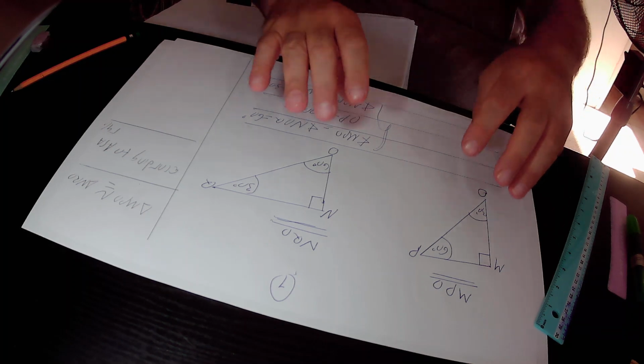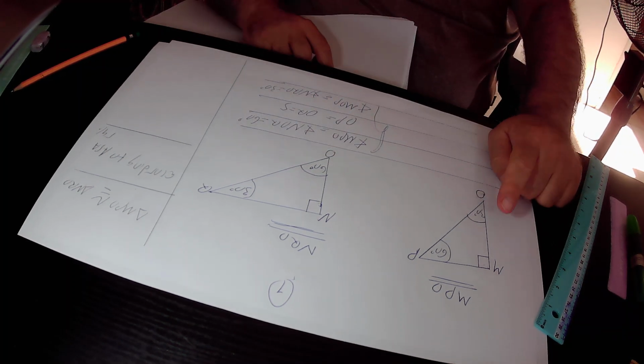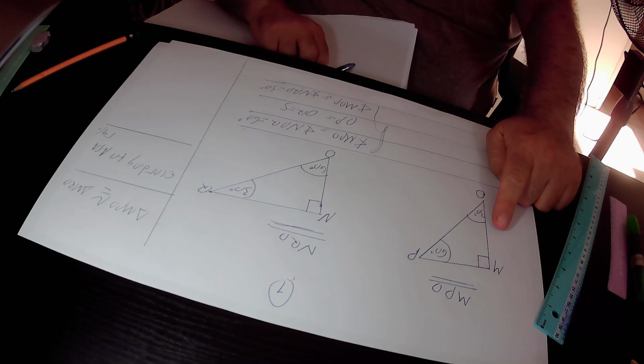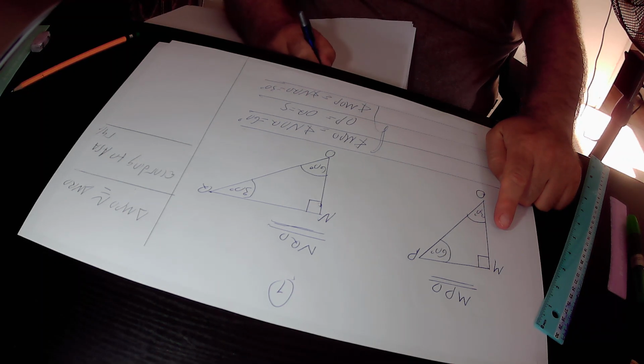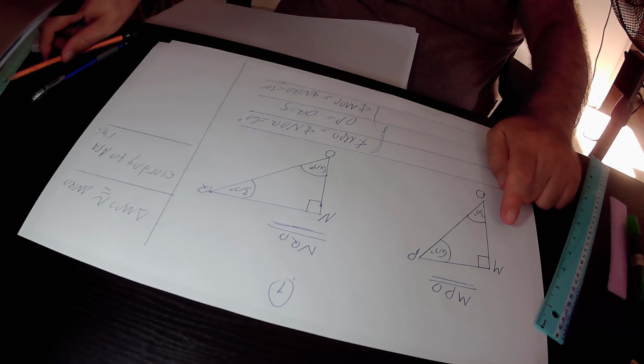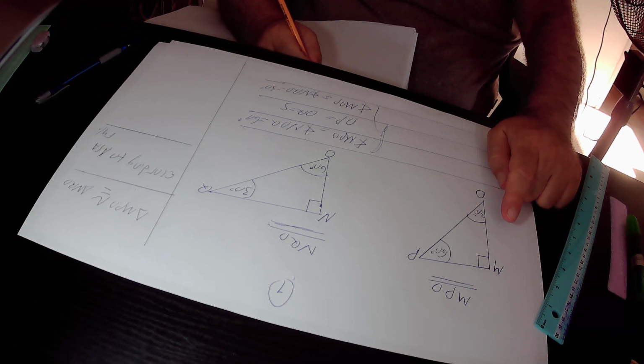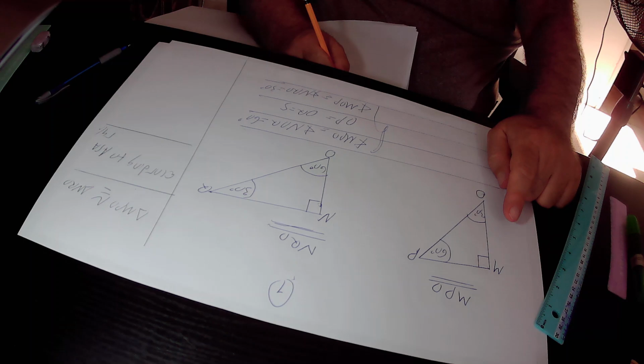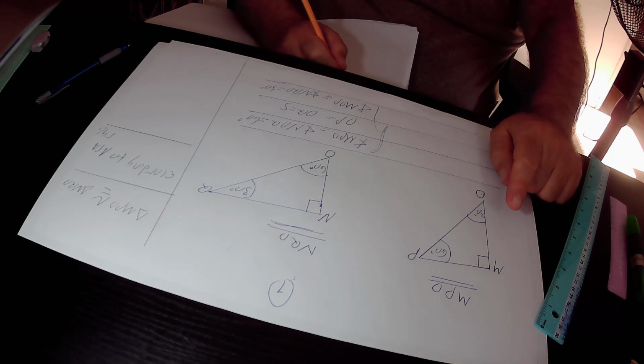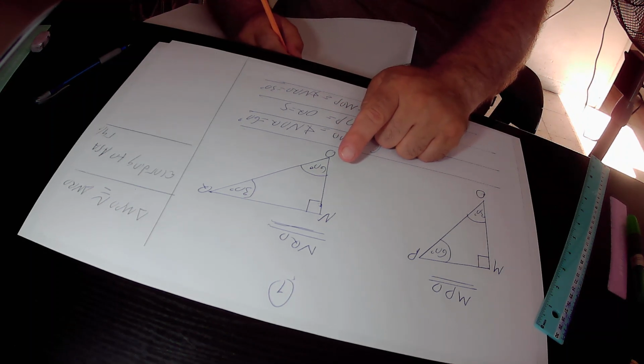Because those two right triangles can go into each other, the area of this right triangle MPO is equal to the area of this right triangle NQO.